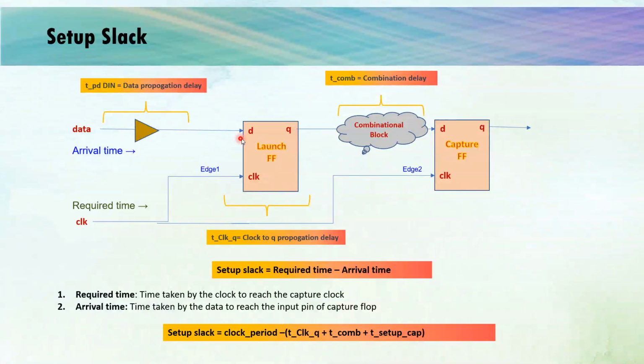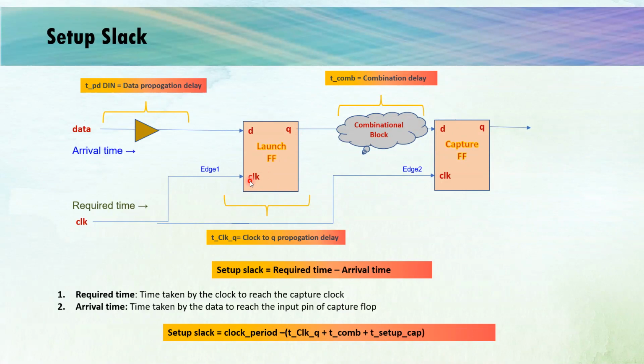So if data is coming from here at this particular edge, this data must be coming to this Q pin. There will be some amount of time taken by this clock to Q propagation delay. Here I'm just explaining what the required time and the arrival time are.